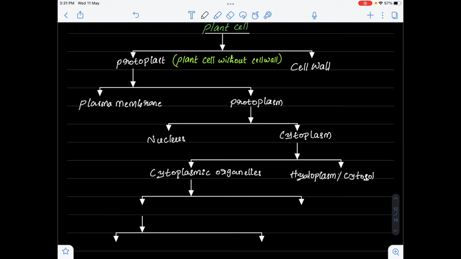Cytoplasmic organelles are membrane bounded structures, based on the presence or absence of membranous coverings. Cytoplasmic organelles are of two types: membranous organelles and non-membranous organelles.